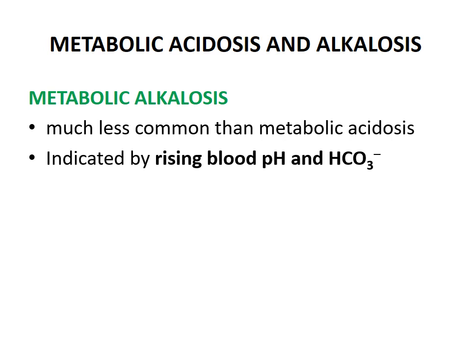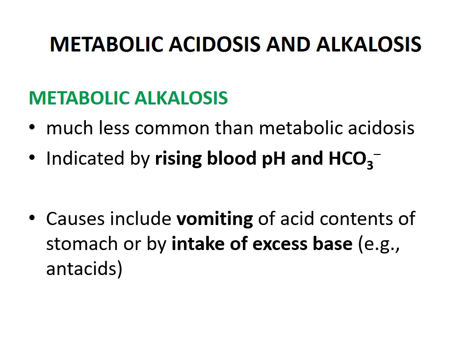Metabolic alkalosis is much less common than metabolic acidosis, initiated by rising blood pH and bicarbonate. Causes include vomiting of acid contents of the stomach. As you know, in the stomach there is hydrochloric acid, which is acidic. So too much vomiting can remove these acidic contents from the stomach, and it can result in metabolic alkalosis.